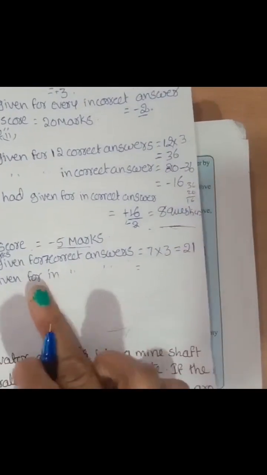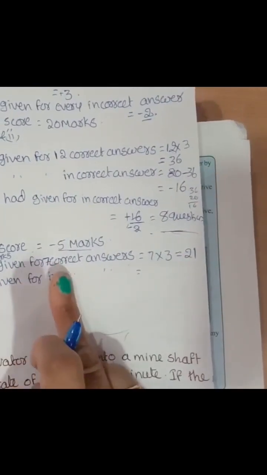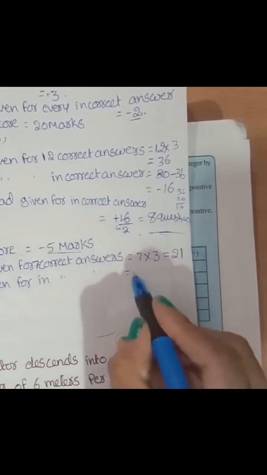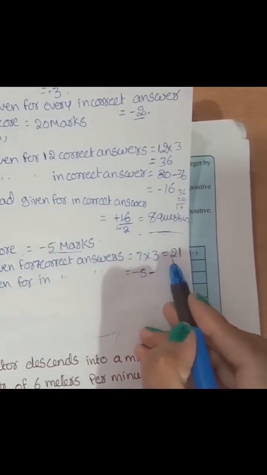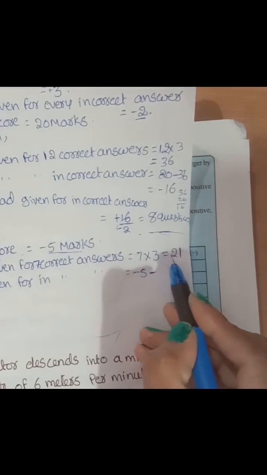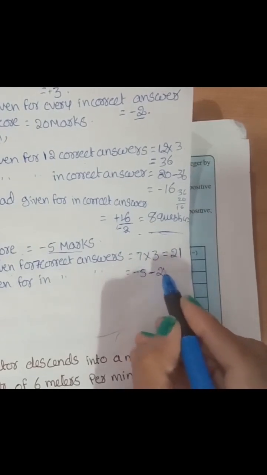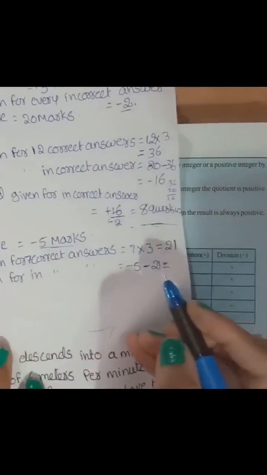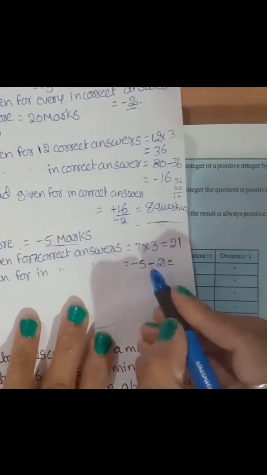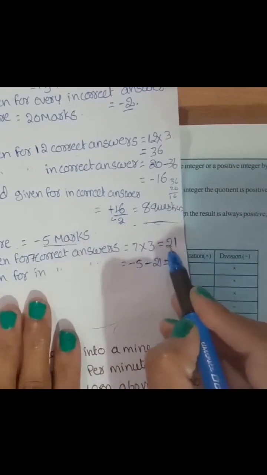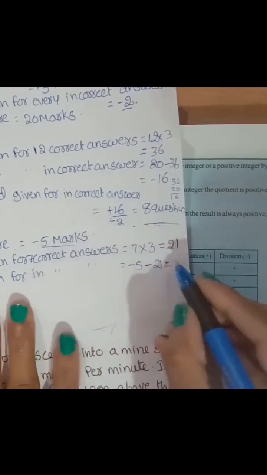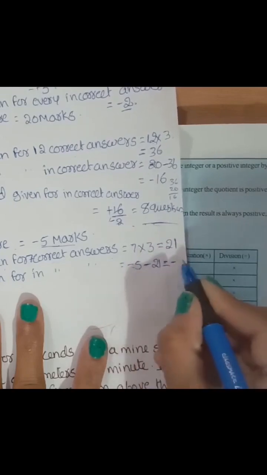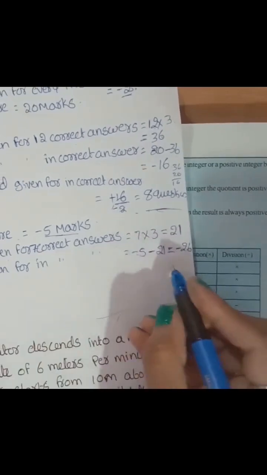Now the incorrect answers: score minus the correct answers' marks, here it is also 21 only. Okay, Gagan Sai? Incorrect answer means total score minus correct answers only. We will get the incorrect only. So that's minus 5 minus 21, which is minus 26 only.